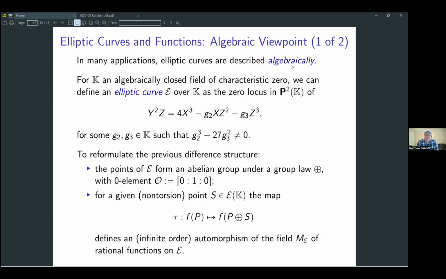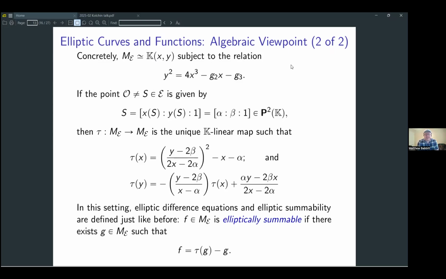When I say rational functions, I do mean that very explicitly. The field of elliptic functions is isomorphic to the field of rational functions in two variables x and y, subject to this cubic equation relation, right? And notice that this actually looks exactly like the polynomial relationship between the Weierstrass P function and its derivative. That's actually a special case of the algebraic viewpoint, right?